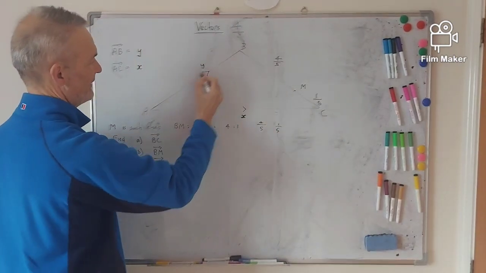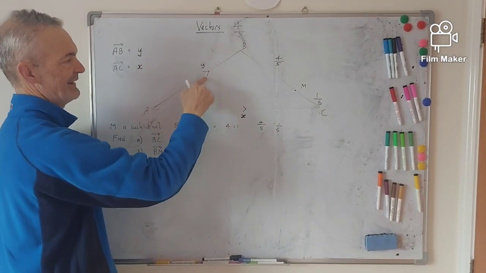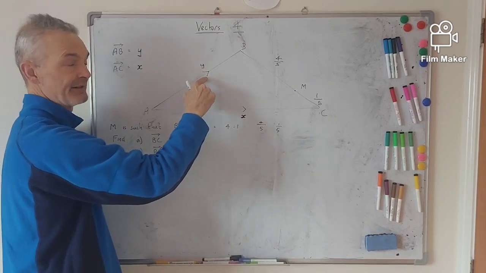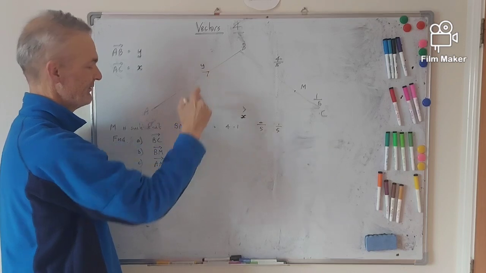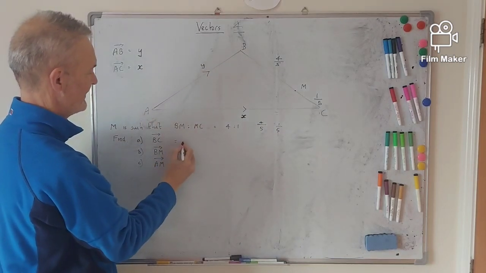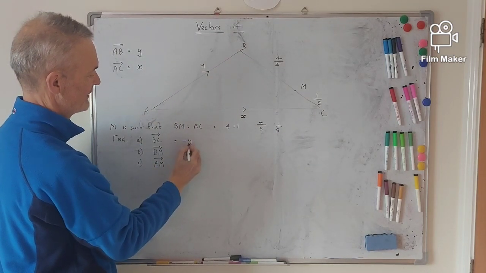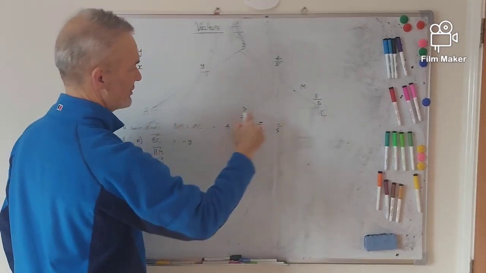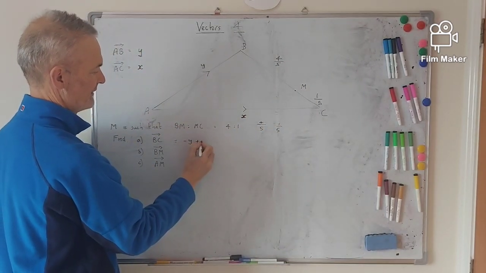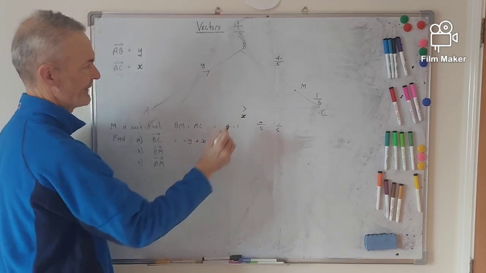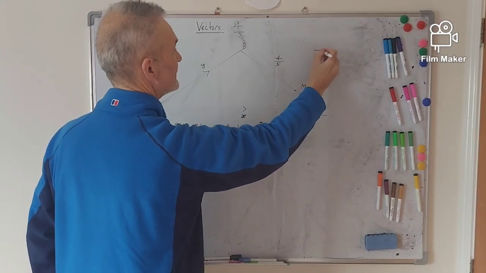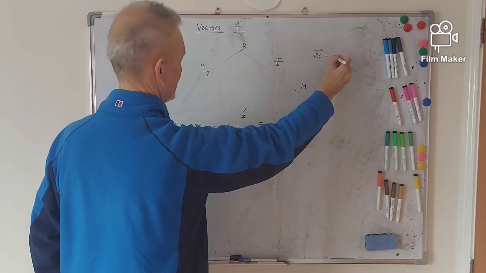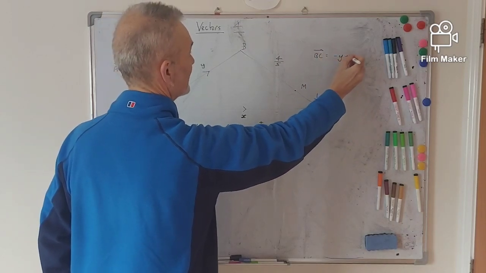Travelling this way, remember we're travelling against the direction of this vector, so this vector is going to be negative y. So BC is going to be negative y, and then in this direction plus x. So this vector BC equals negative y plus x.